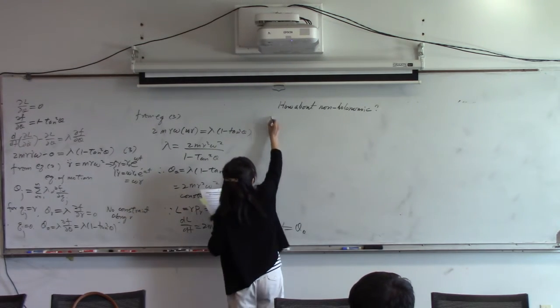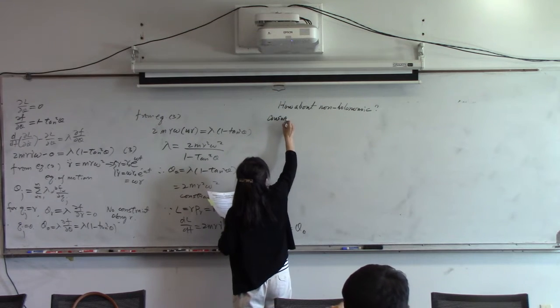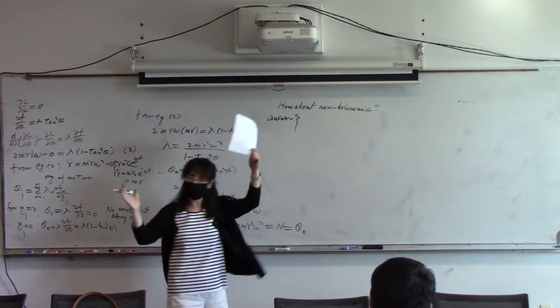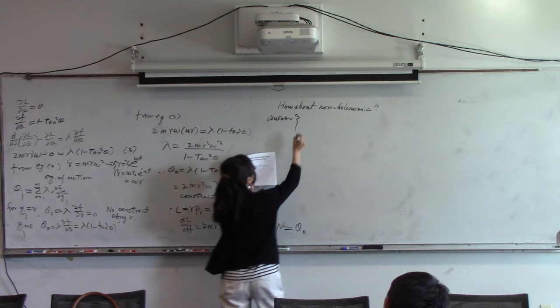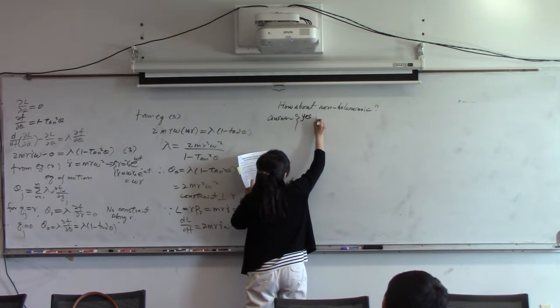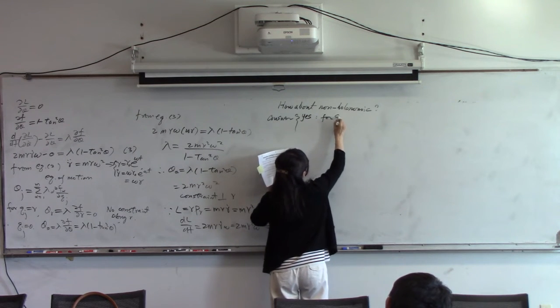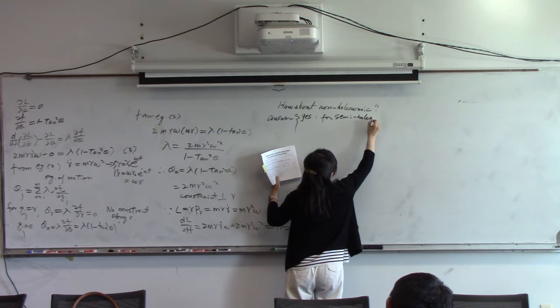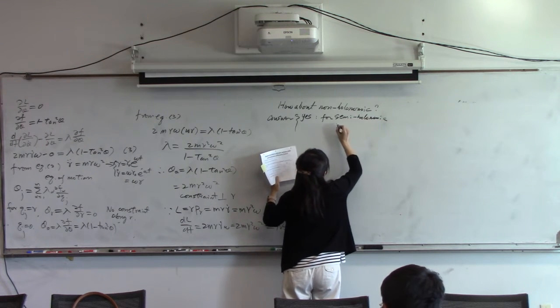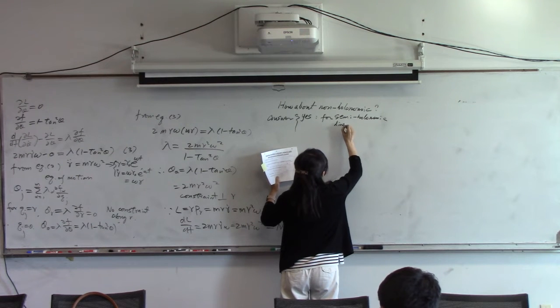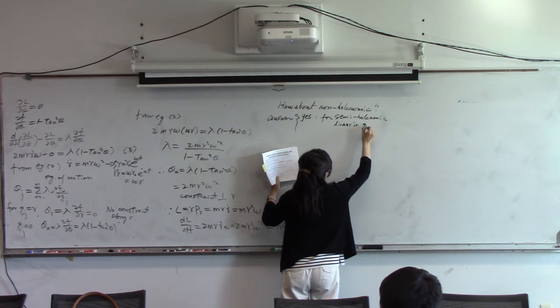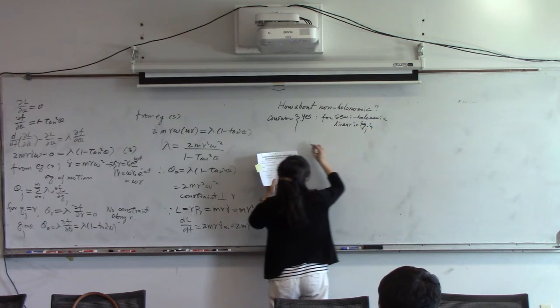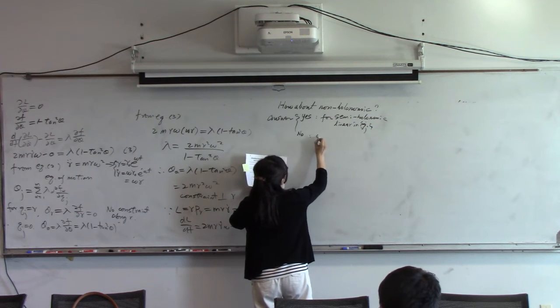Can we solve the problem if the system has a non-holonomic constraint? Let's find the answer. There are two answers, yes or no. If yes, it is the form we call semi-holonomic, or linear in the generalized velocity, and no others.